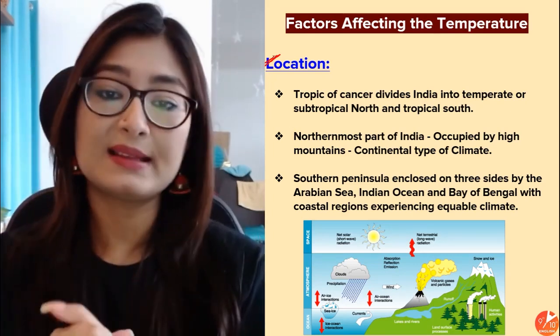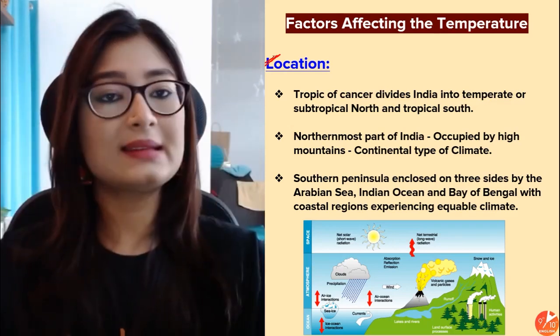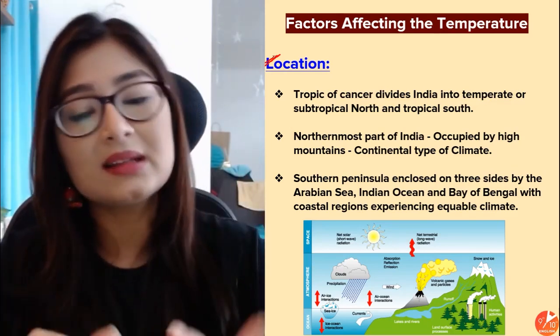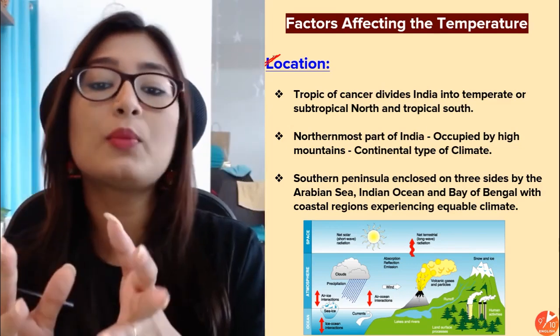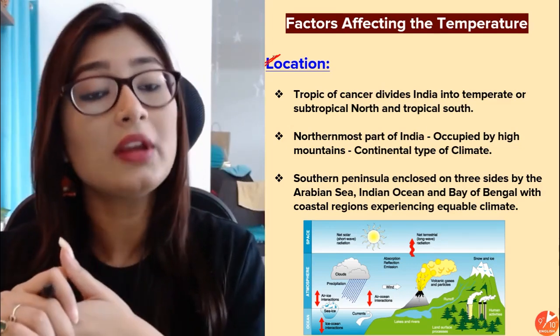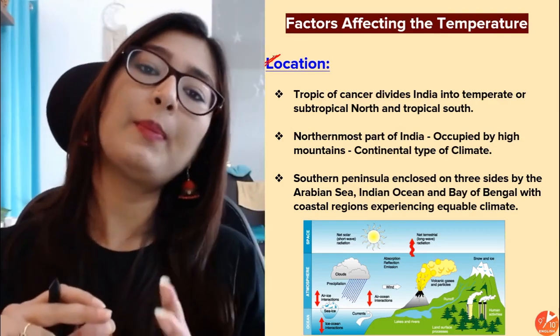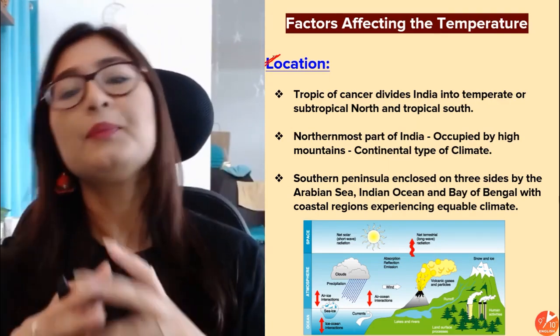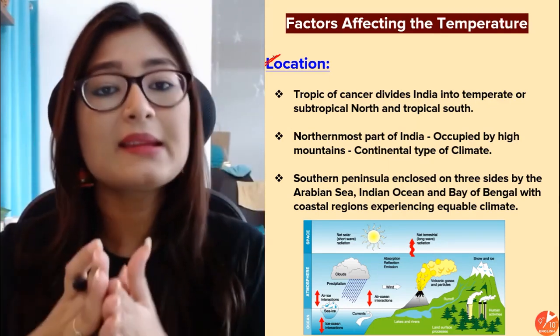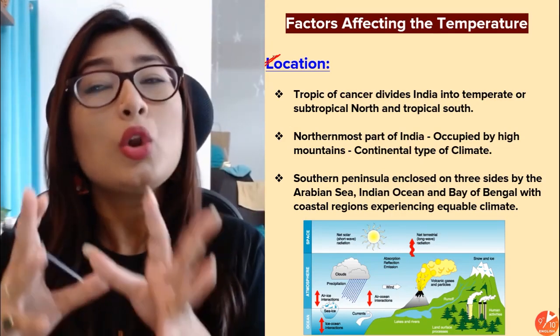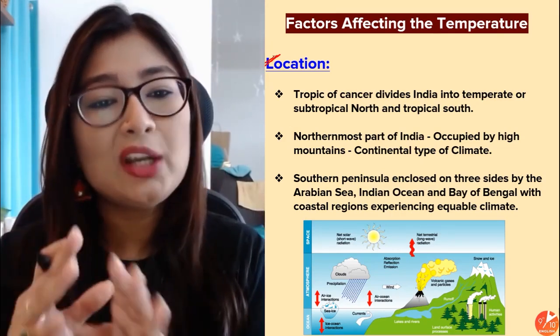Now how is ours? You see the Tropic of Cancer is passing through, right? It is dividing the country in two parts: the temperate or subtropical north and the tropical south. Subtropical, continental, all of these are somewhat the same, which means hot and humid summers and colder to mild winters.